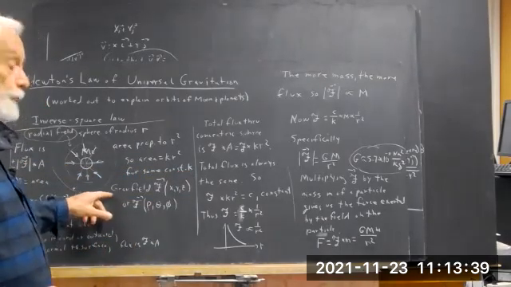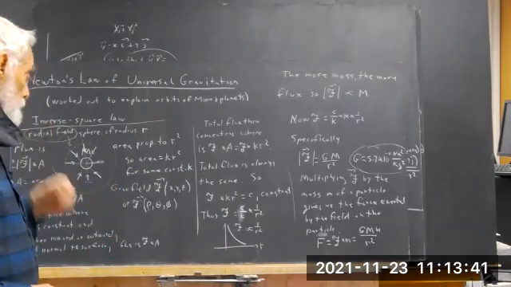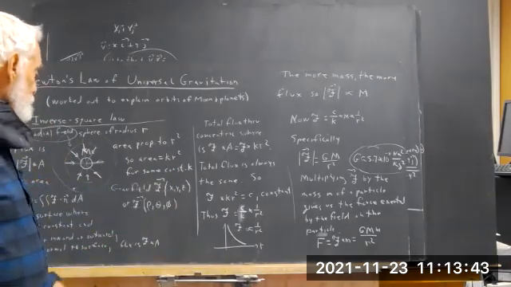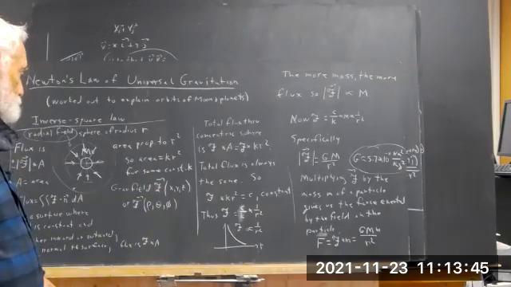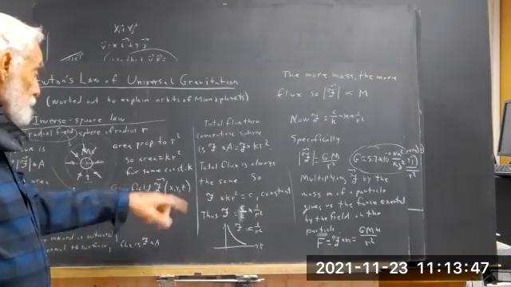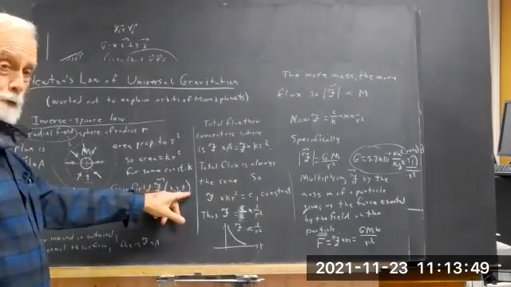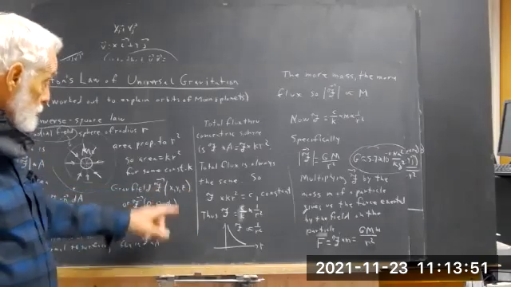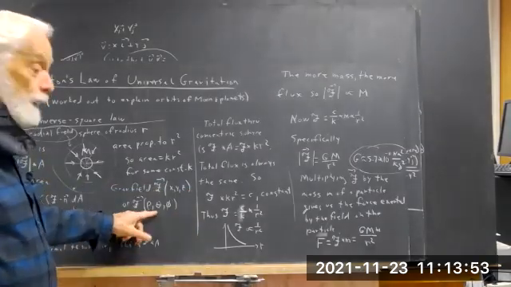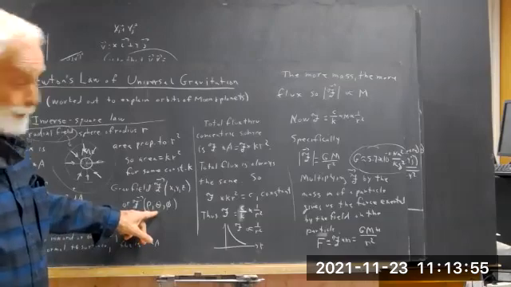The gravitational field then is going to be a vector. A vector field could be expressed in terms of your coordinate system, might be the rectangular coordinate system, might be the spherical coordinate system.